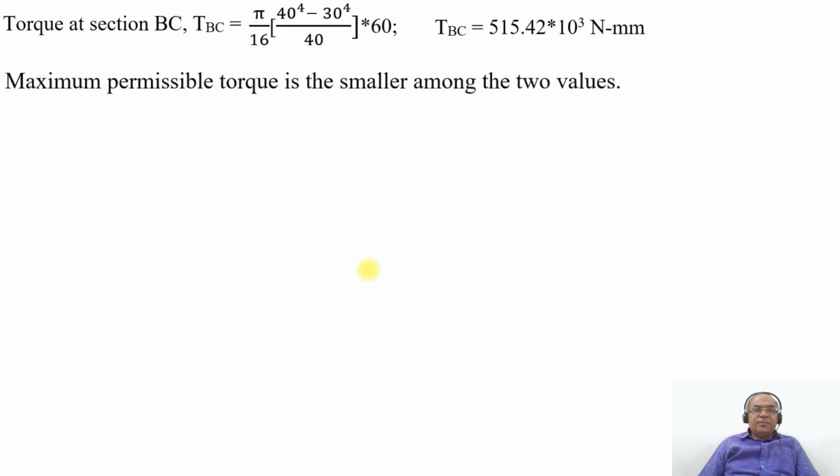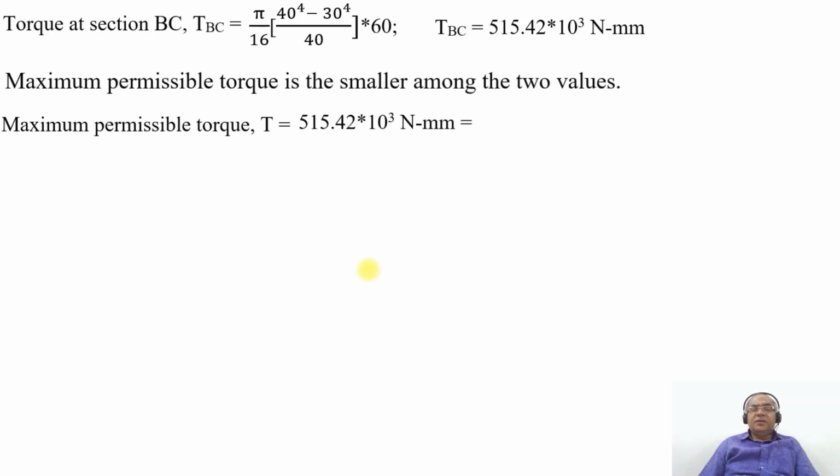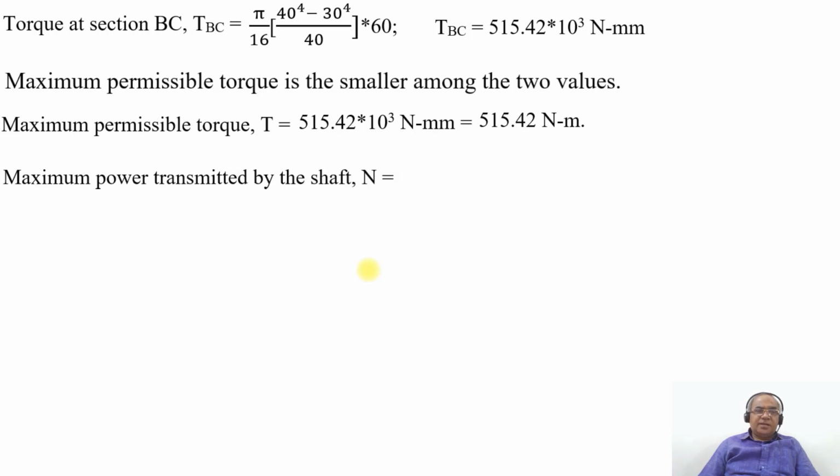Therefore, the maximum permissible torque is the smaller of the two values. So the maximum permissible torque will be equal to 515.42 into 10 to the power of 3 Newton mm, which is equal to 515.42 Newton meter.